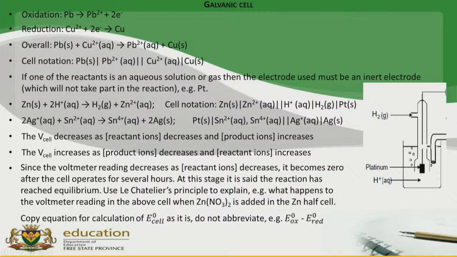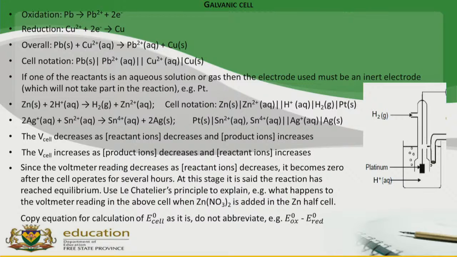Now in this half cell, the other half cell, the hydrogen half cell, does not have a solid. You know, hydrogen does not conduct electricity and it's not a solid, it's a gas. In that case, you need an electrode where you will be able to connect the voltmeter, and that electrode must be a conductor of electricity.